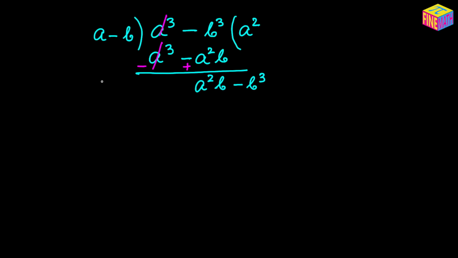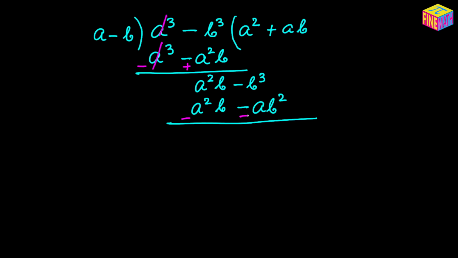Now a will go ab times into a squared b. That means a times ab would give us a squared b. So our second term in the quotient would be positive ab. Here we get a squared b, because ab multiplied by a gives a squared b, and then minus ab squared, because negative b times ab would be negative ab squared. Again we change the sign and do the algebraic sum.